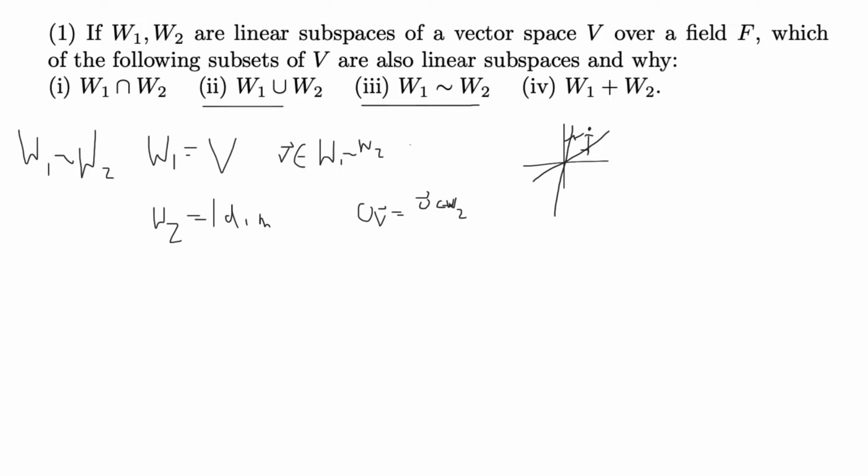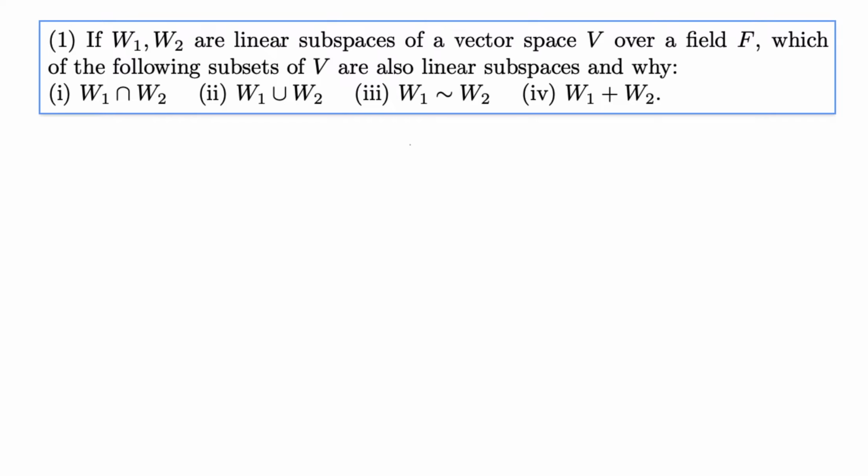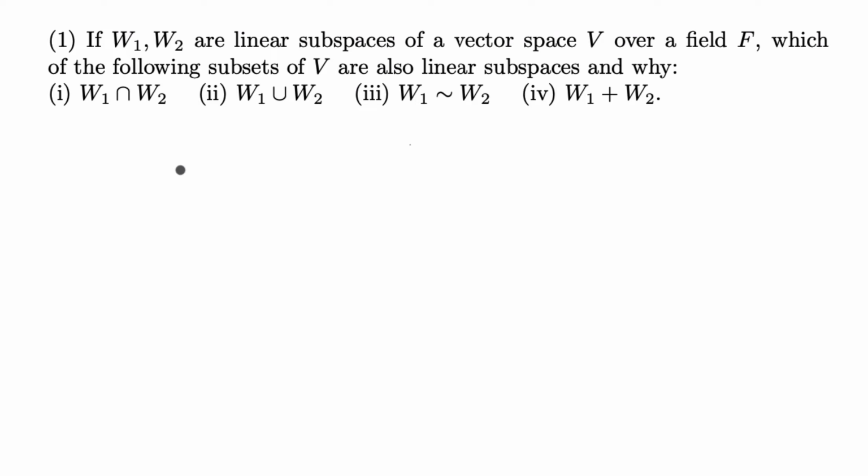So let's clear the board, and then we're going to try to prove that 1 and 4 are linear subspaces. We're going to start with 1. We're going to show that this is closed under scalar multiplication and vector addition. And we can also show that it includes the zero vector, because the zero vector is in any subspace, therefore the zero vector is clearly in this space. Next, let V be in this subspace W1 intersect W2.